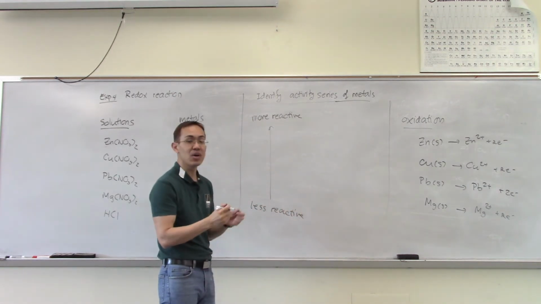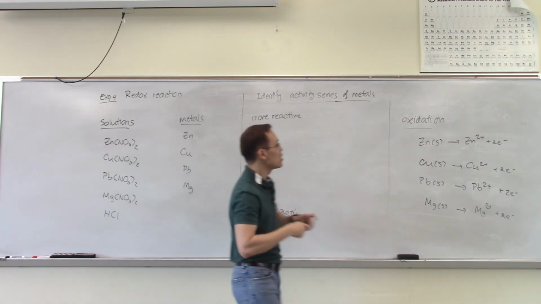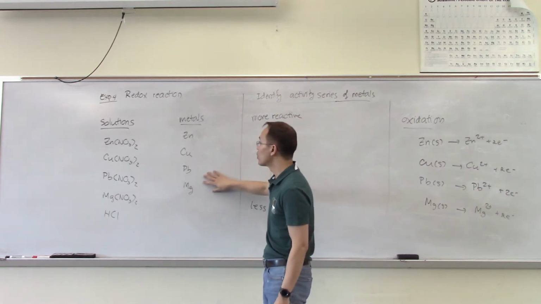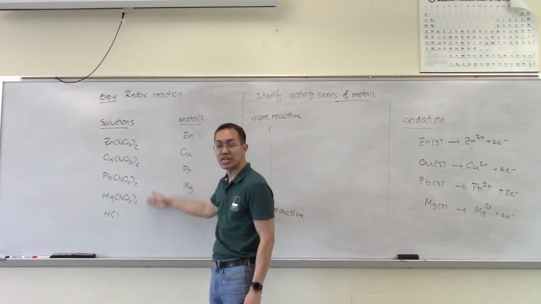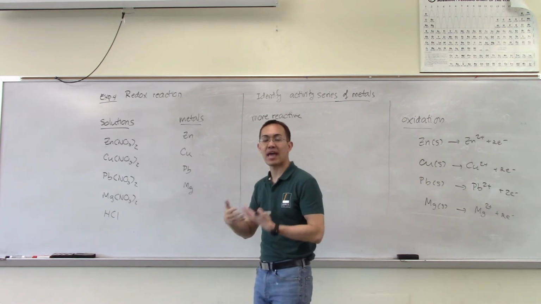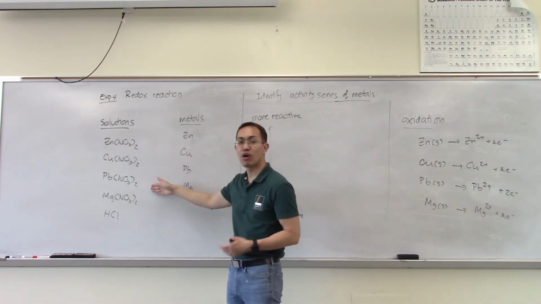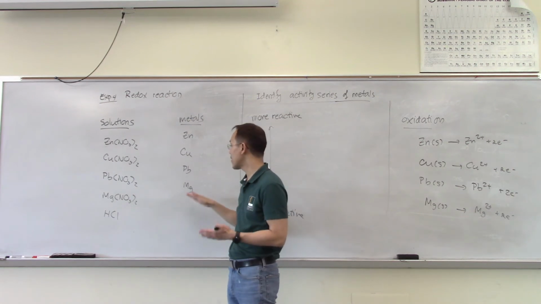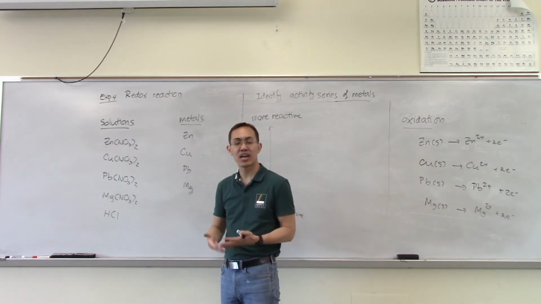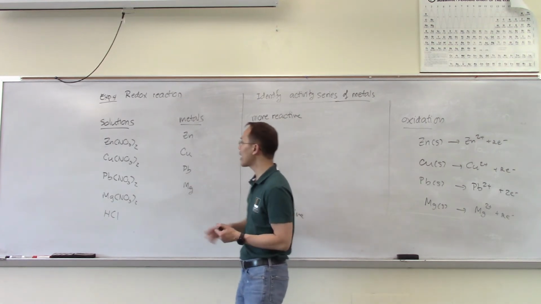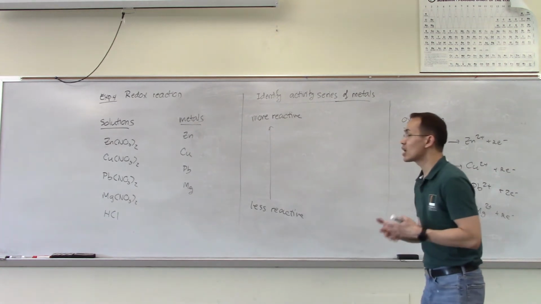The way that we're going to determine this is that we're going to react these 4 metals with these solutions and see which of these metals can react with the most number of solutions, and that will be the most reactive. If you have a metal that cannot react with anything at all, then that metal will be the least reactive metal of the list.